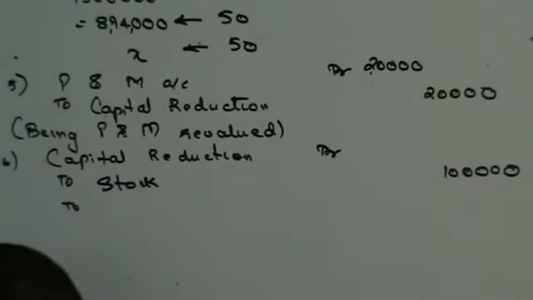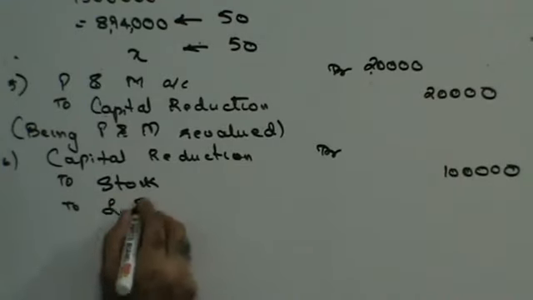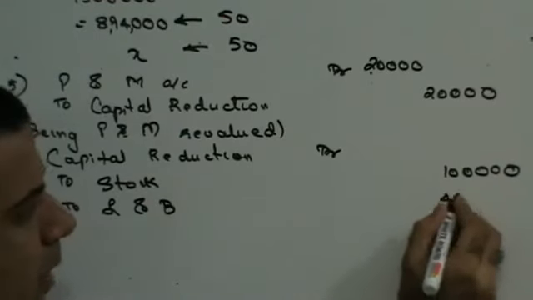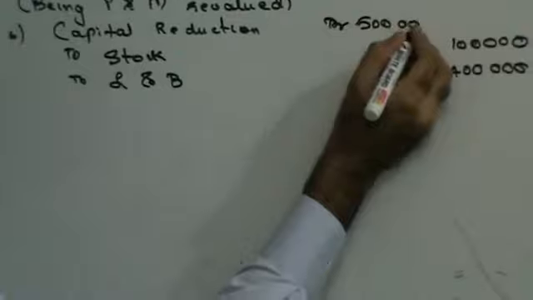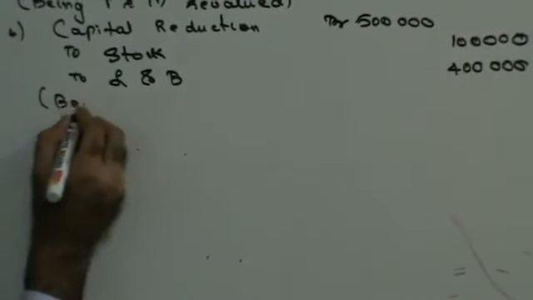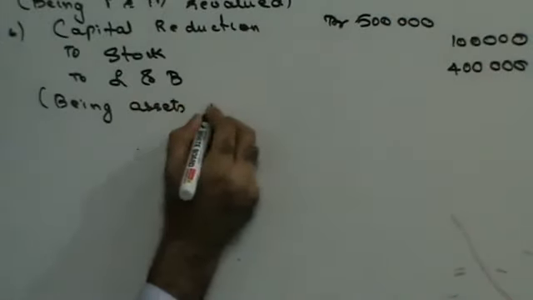Besides, land and building shall be written down to 15,50,000. At the moment, its value is 19,50,000, so it is being written down by 4 lakhs. So land and building is being written down by 4 lakhs. This is 5 lakhs, being assets written off.